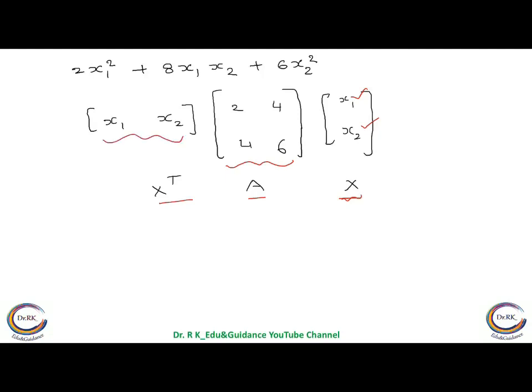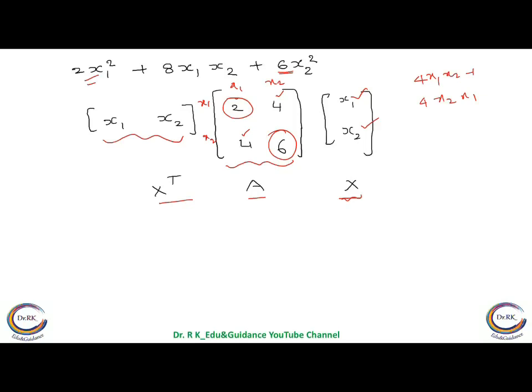Then the matrix is very simple. For our understanding, we can write this as x1, x2 and x1, x2. Now this is the x1 square term, so 2x1 square. This is x2, x2, therefore it is the x2 square term, that is 6x2 square. Next, this is x1, x2 and this is x2, x1. So this 8x1x2 can be written as 4x1x2 plus 4x2x1.